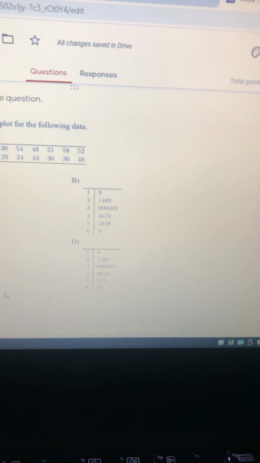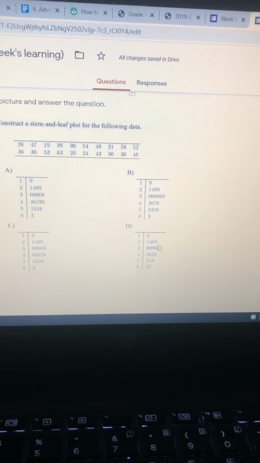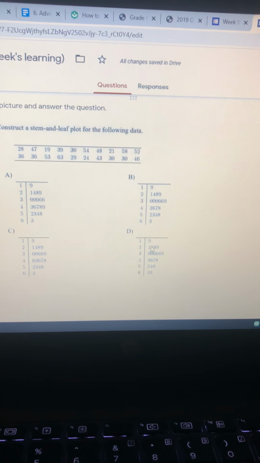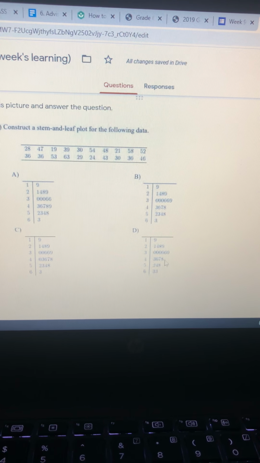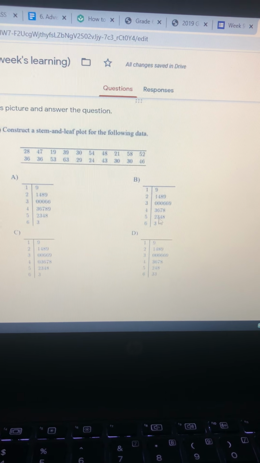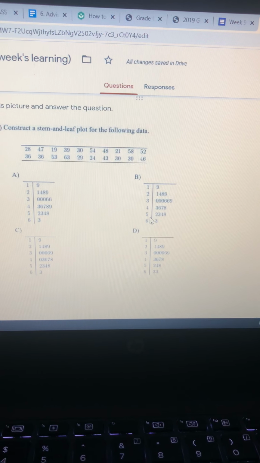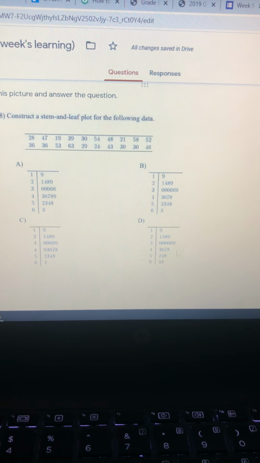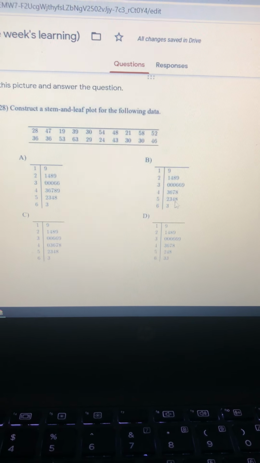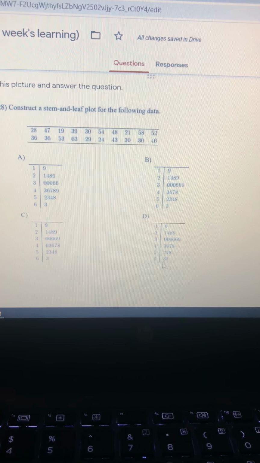So now we're just thinking about B and D. And so we have to look at the other data. It looks like 9 and then 1489 and then 3678, 3678, so they match. So now we have to look at the 5. If we look at the 5, 2, 3, 4, 8, 5, 2, 4, 8. And then we could look at the 6.